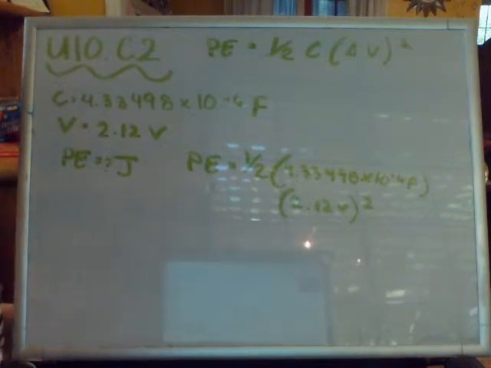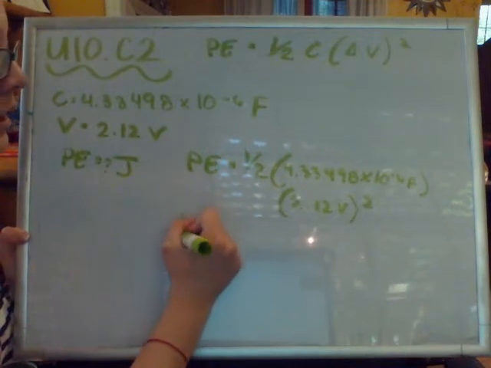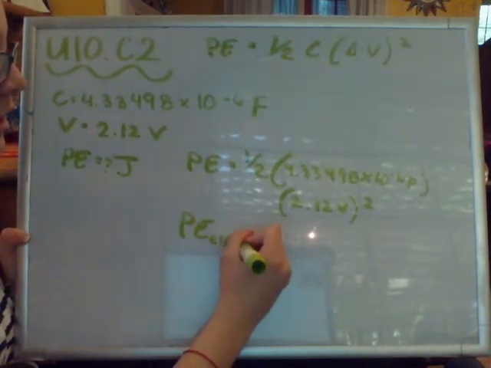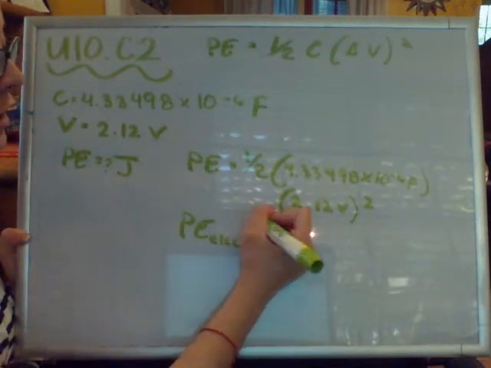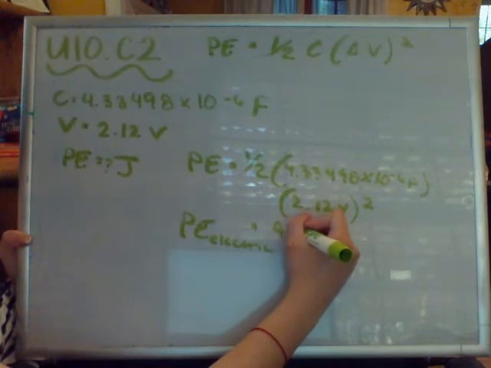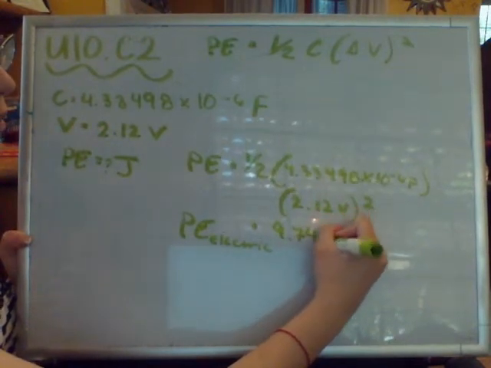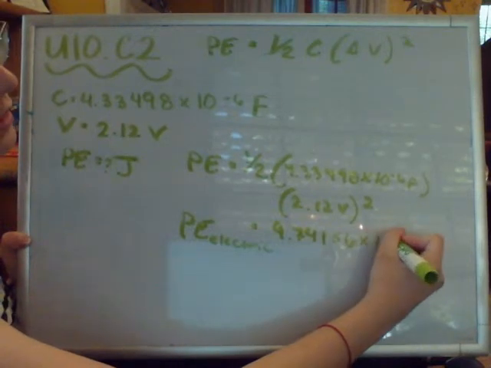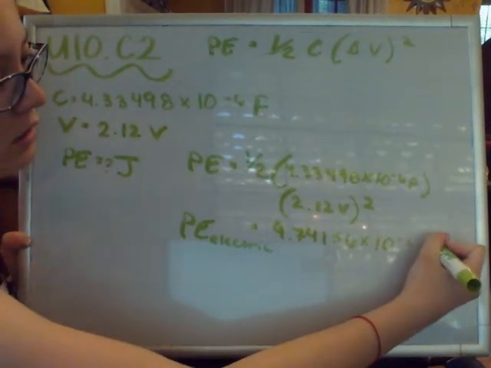If we do the math on our calculator, we can tell that the answer for PE, electric potential energy, is 9.74156 times 10 to the negative 6 joules.